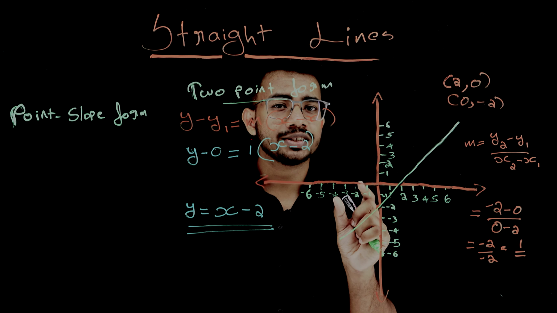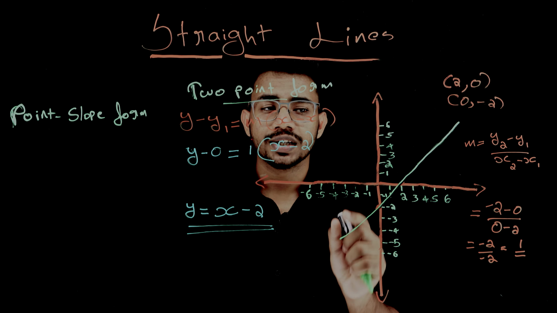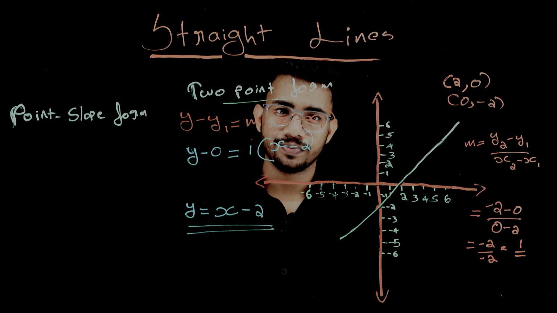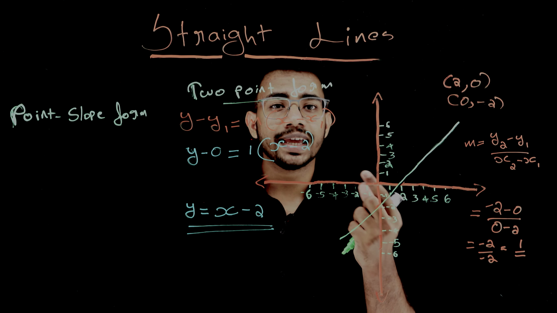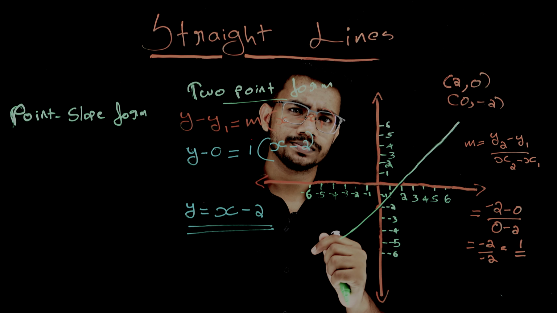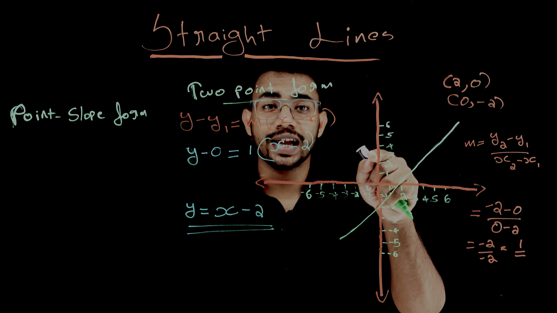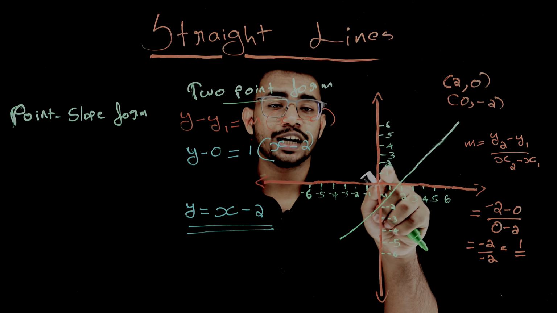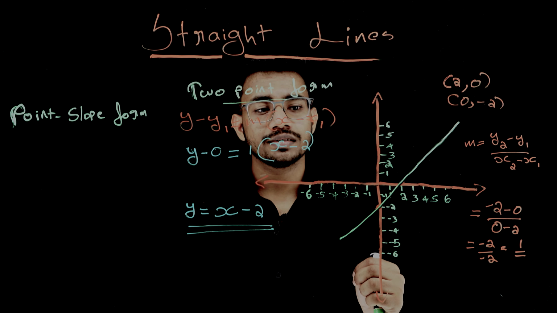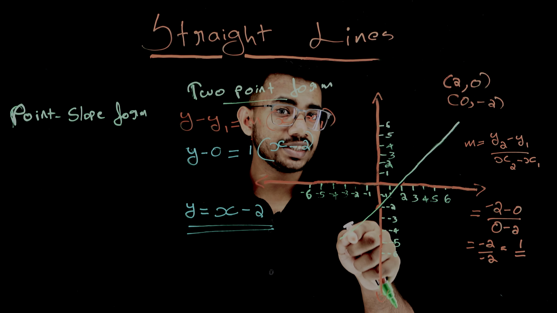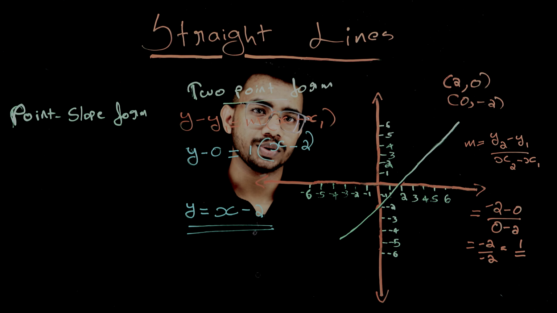An intercept is nothing but a point where the line is cutting either the x or y axis. If they are saying the x-intercept is, let's say, 2, that means the line is cutting the x-axis. If the line is cutting the x-axis, at that point the y value will be 0. In the same way, if the line is cutting the y-axis, then the x coordinate will be 0.